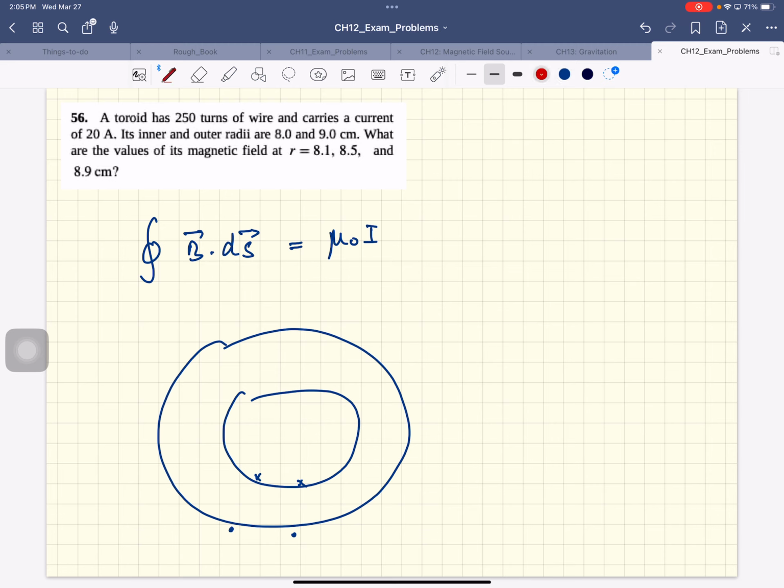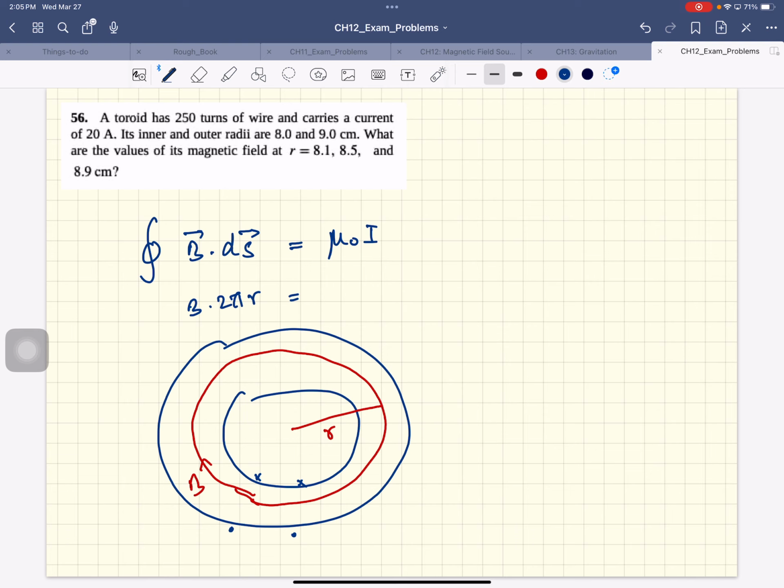And it is producing a magnetic field, which are concentric, circular field lines. Okay, so the magnetic field for a given radius will be constant. So this line integral will go around this closed loop, and the line integral would be just B times 2 pi r.